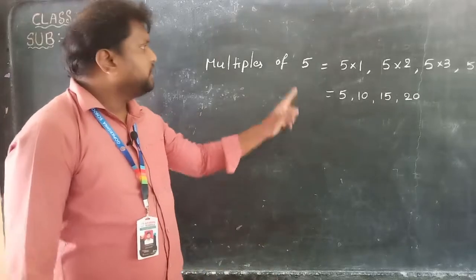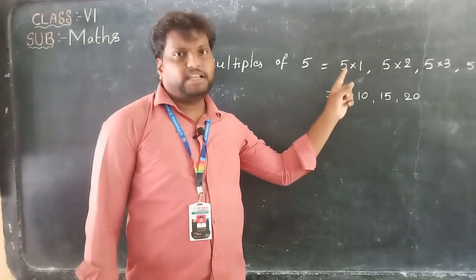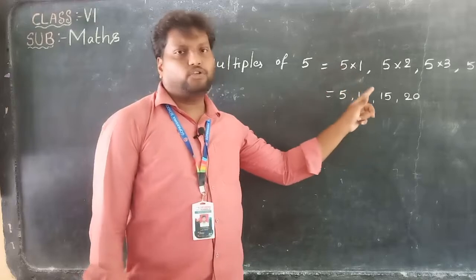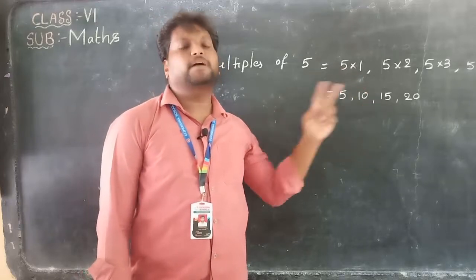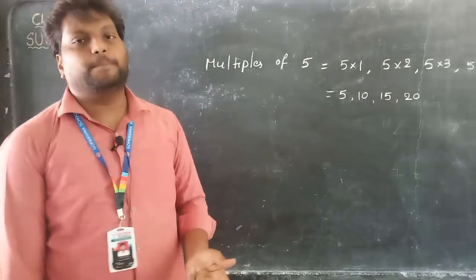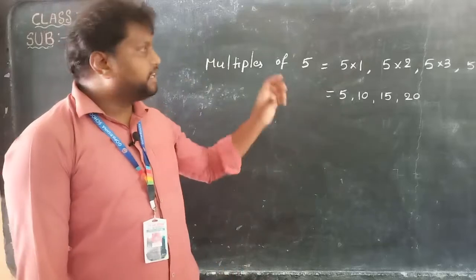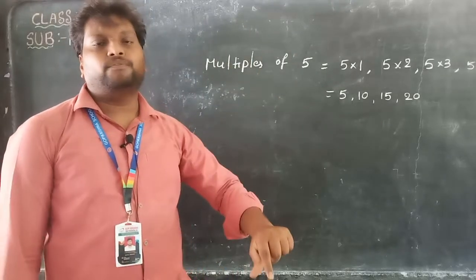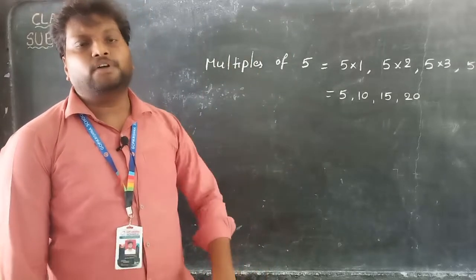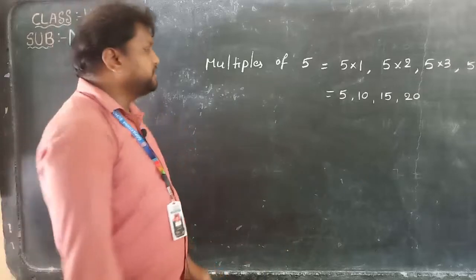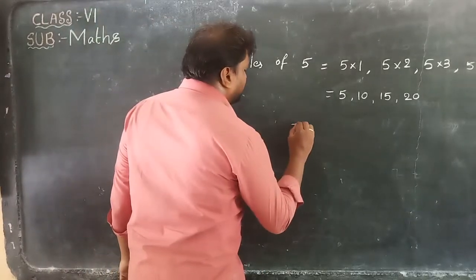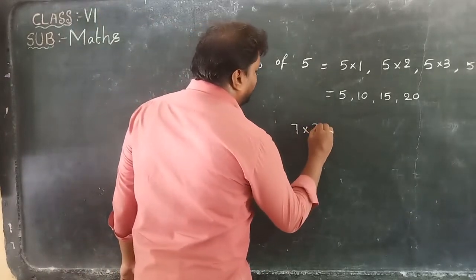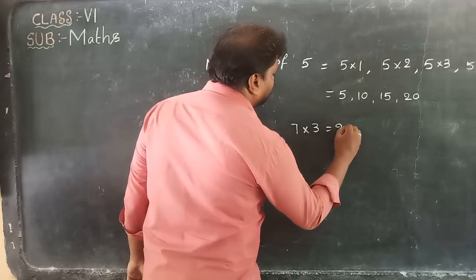Multiples come from multiplying any number with another, not only 1, 2, 3, 4. When we take the product of two numbers, the result is a multiple of those two numbers. For example, 7 into 3 is equal to 21.